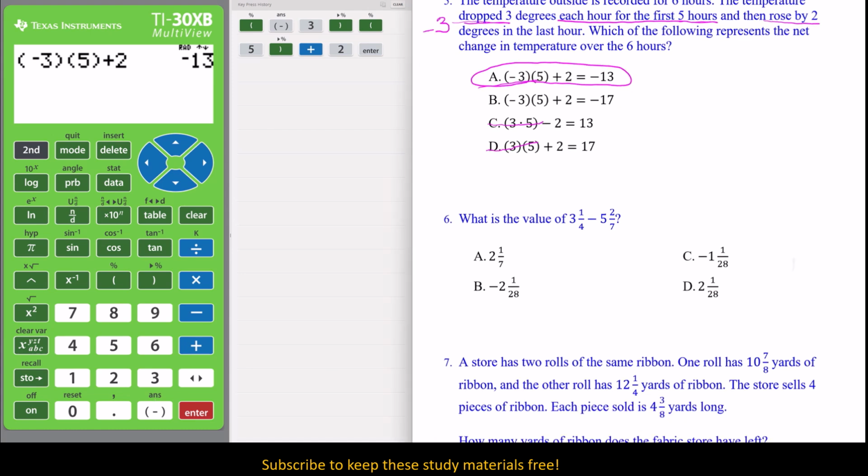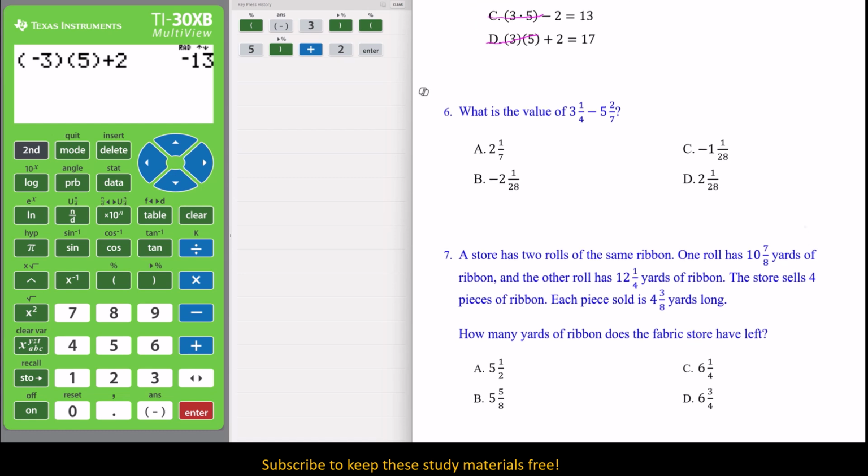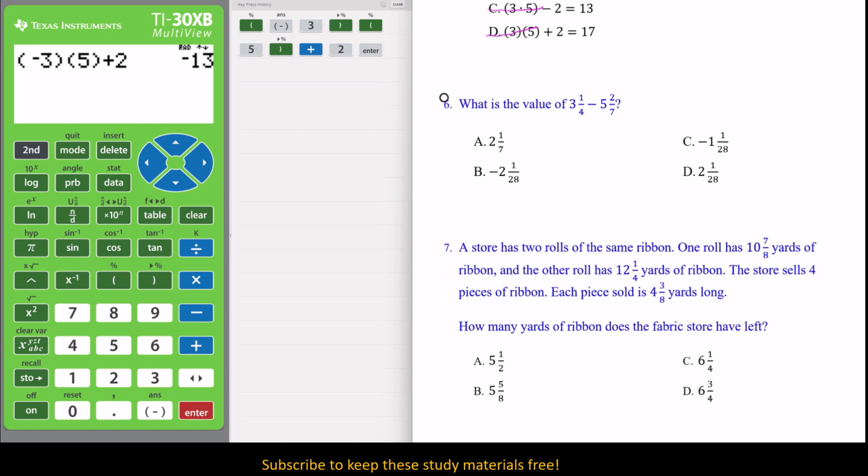Okay, now let's go to number 6. All right. What is the value of 3 1/4 minus 5 2/7? Okay, now notice that you got a smaller number that is subtracted.